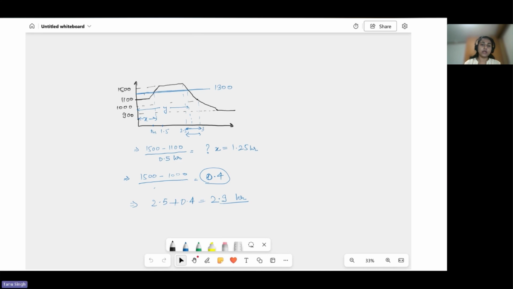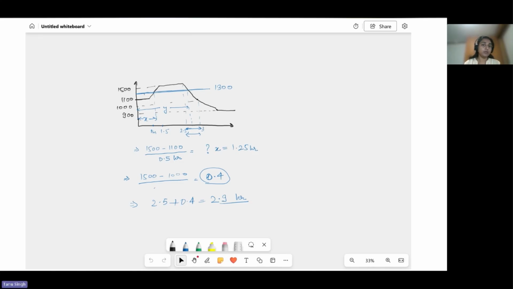So therefore here we divide it, we get the triangle from here, then the rectangle here, and then again a small triangle. So for the triangle between 0.5 hours to 1.5 hours, it will be half, base 0.25 into height, that is 1300 minus 1500, 200, so we get 25.